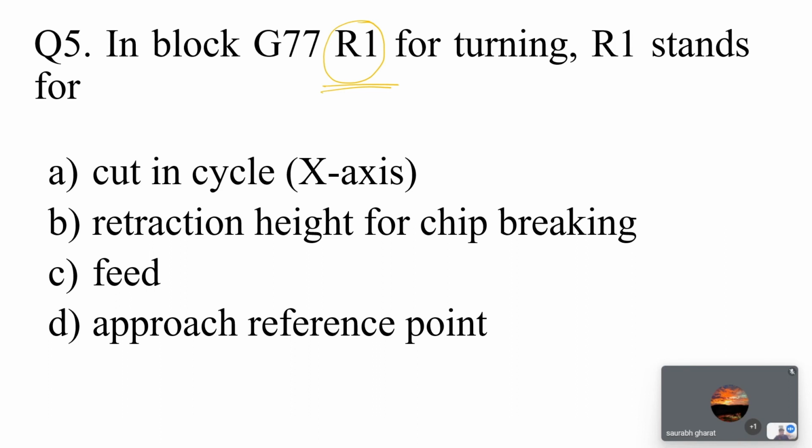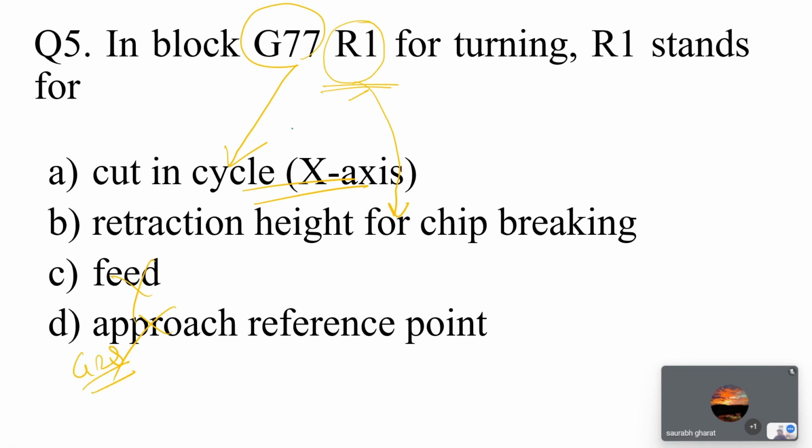If you go through the tables and literature, you may know that G77 actually stands for the turning cycle along the X-axis, and this R is actually your retraction height. So the approach reference is wrong. G28 is for that. The field is different.